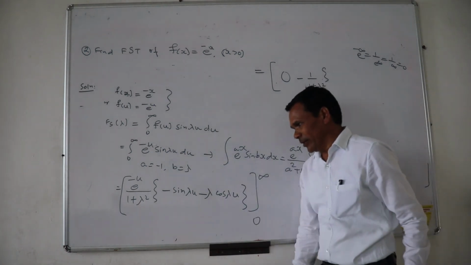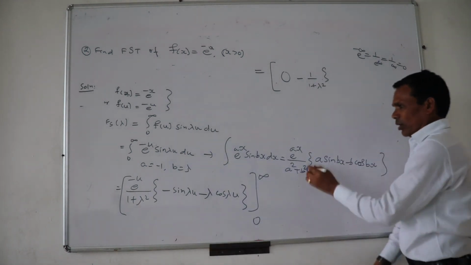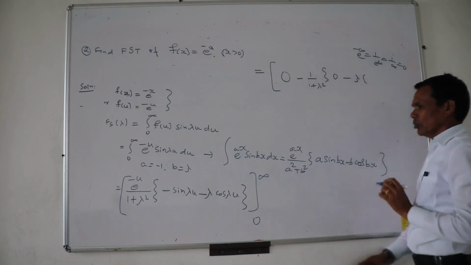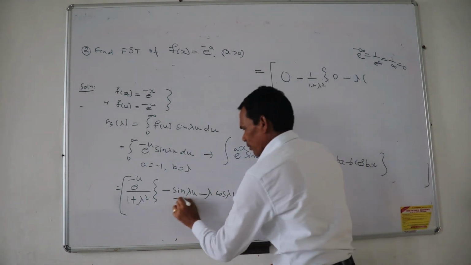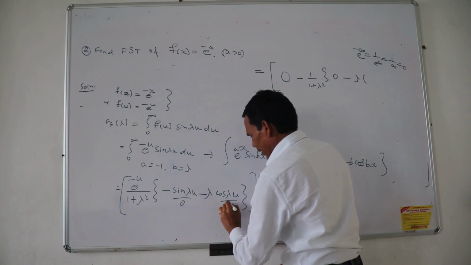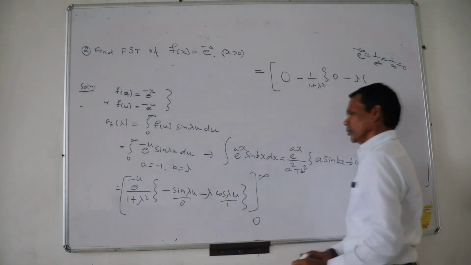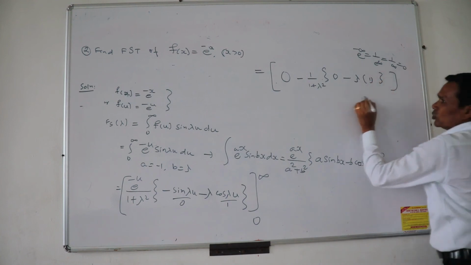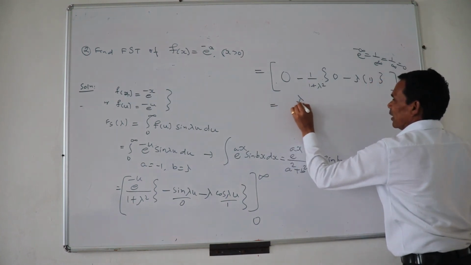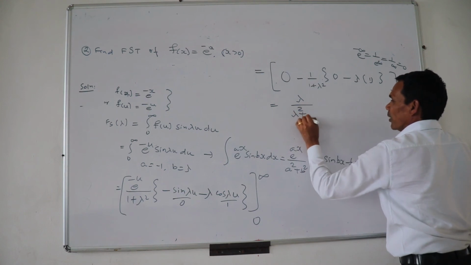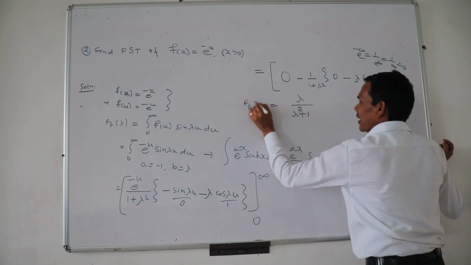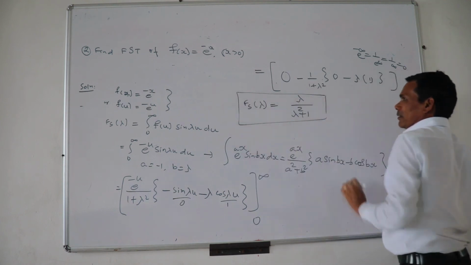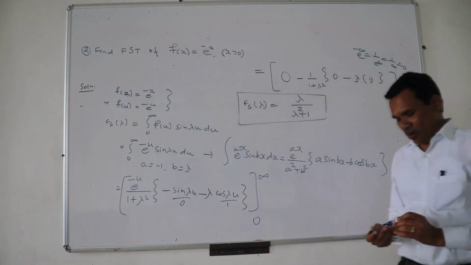If you apply the limits here, sin 0 would be 0, minus lambda cos 0. This value is 0, and this value for lambda equal to 0 is 1. So you get this bracket complete, and you get lambda upon lambda square plus 1. This is Fs lambda. So this is the required Fourier sine transform of this.